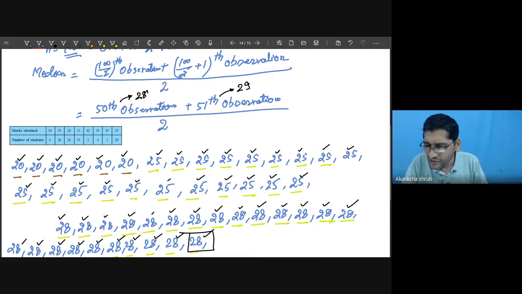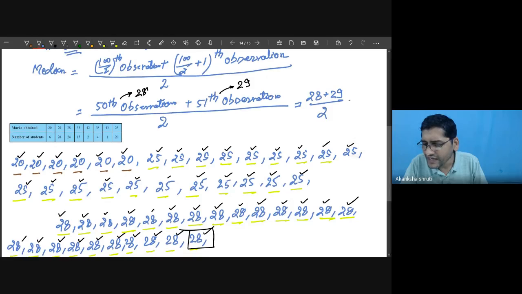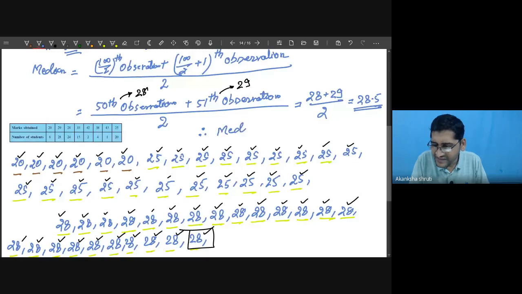So this value will be 28 plus 29 by 2. So the value is 28.5. So the median is 28.5.